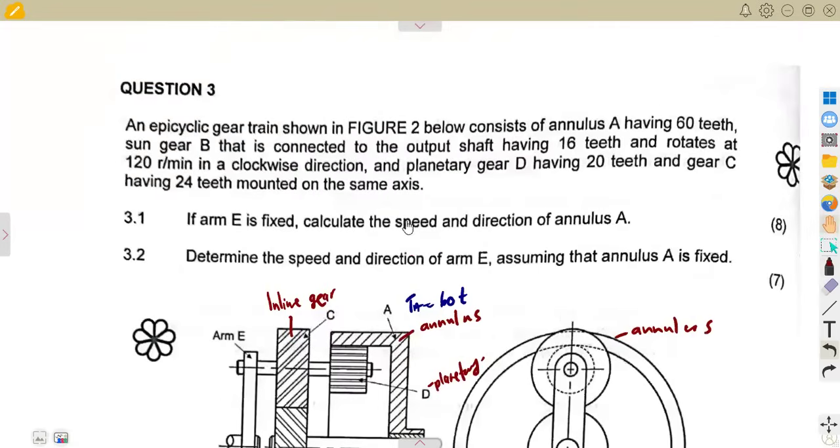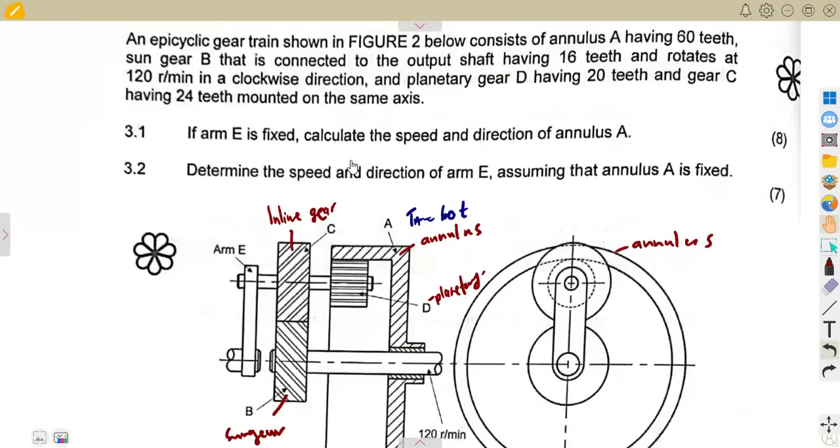What else are we given? We are also given a planetary gear having 20 teeth, and gear C is mounted on the same axis.